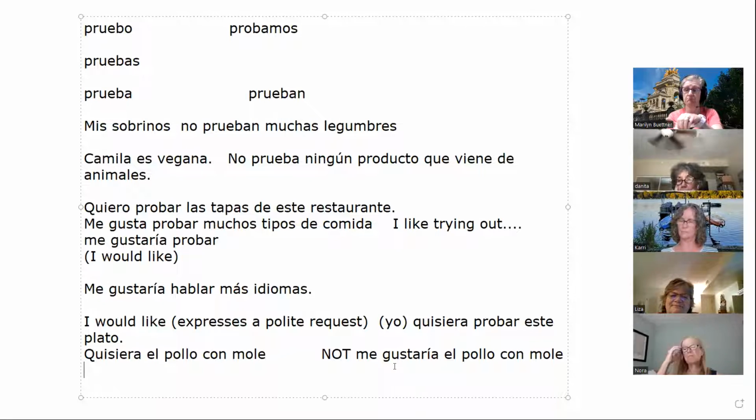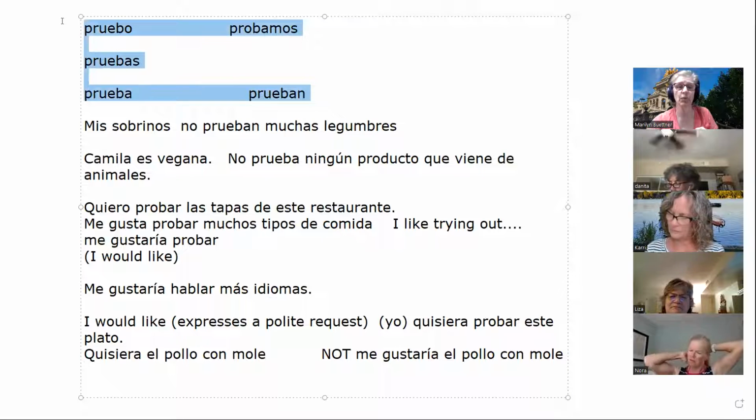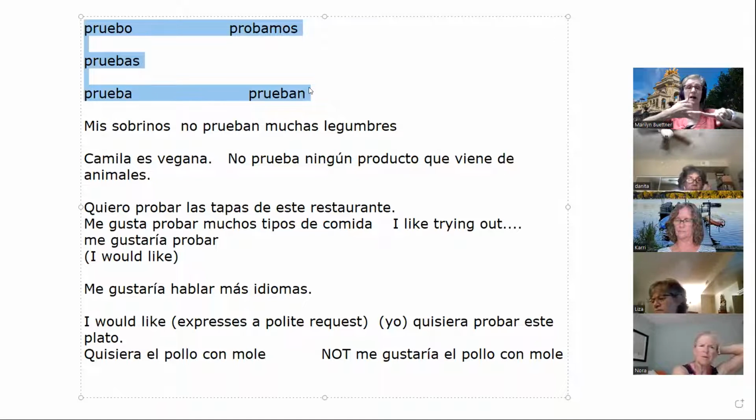Bien? ¿Sí? Bien. Okay. So let's kind of get back to our probar. I would like you to use, if you want to keep it in its simplest form, which is great, just these forms. Pruebo, what I try.